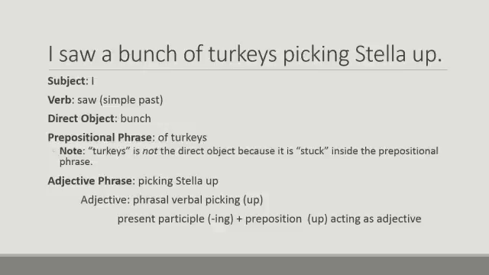And then we have this troublesome adjective phrase, picking Stella up. And you may have remembered me using the word phrasal before, which is when we have a verb plus a little preposition at the end, like sign up, pick up, drop off. These are verbs, and the prepositions aren't actually acting as prepositions. They're just sort of completing this verb phrase. It's called a phrasal.